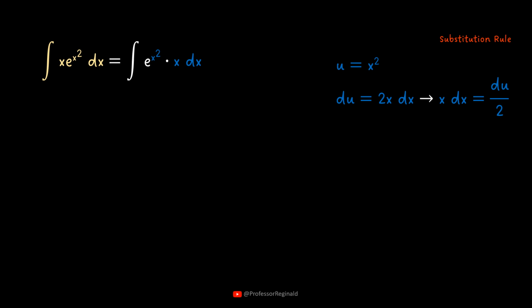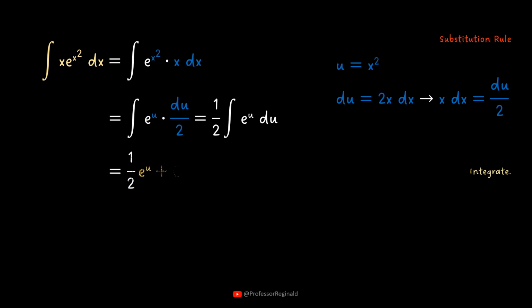Apply the substitution rule we just formulated. Then integrate using an exponential function rule. Substitute u equals x squared. Consequently, the integral is 1/2 of e raised to x squared plus c.